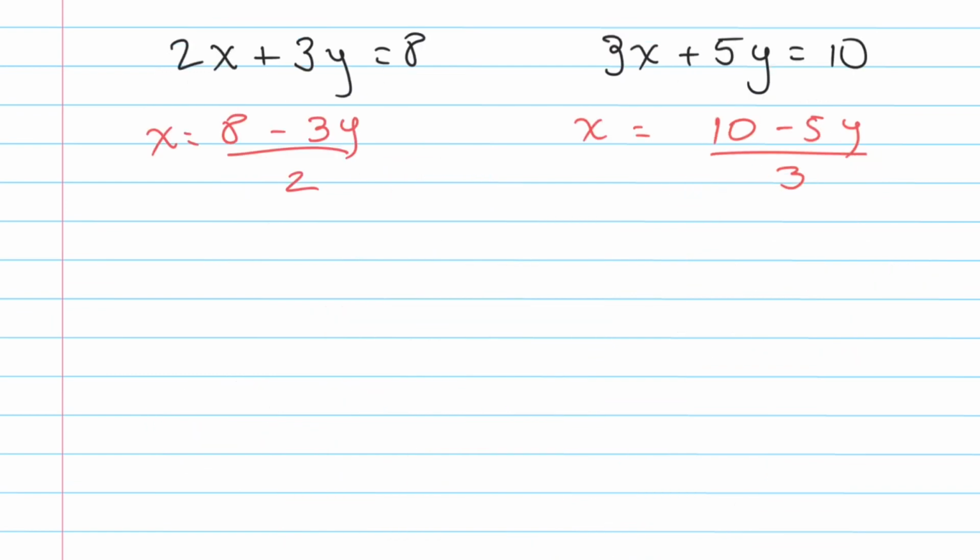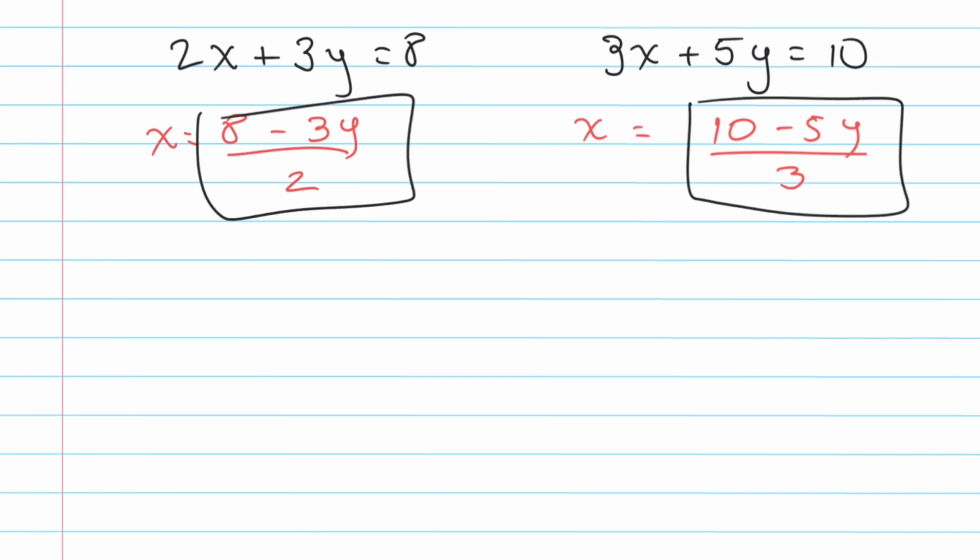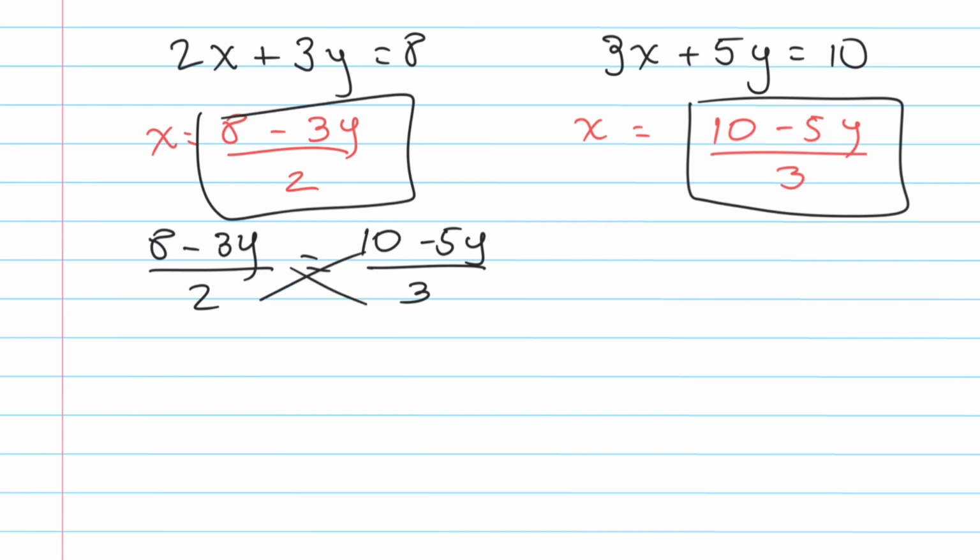Basically what we are doing is just making this equal to this, just like this. 8 minus 3y over 2 equals 10 minus 5y over 3. I don't like the way this is looking, so I'm going to cross multiply to make things easier on the eye.